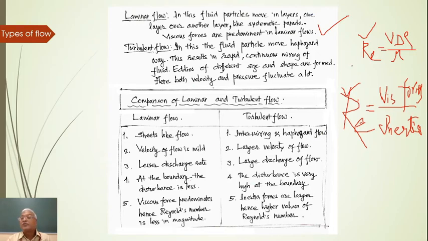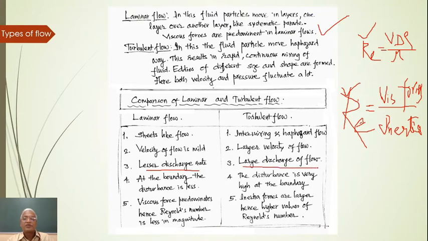Now laminar flow, look at this. If the laminar flow is there, the velocity has to be less. So the velocity of the flow is mild, and the larger the velocity of the flow, turbulent flow it will be. So as the velocity increases, it becomes turbulent flow. As velocity is less, obviously the discharge will be less.